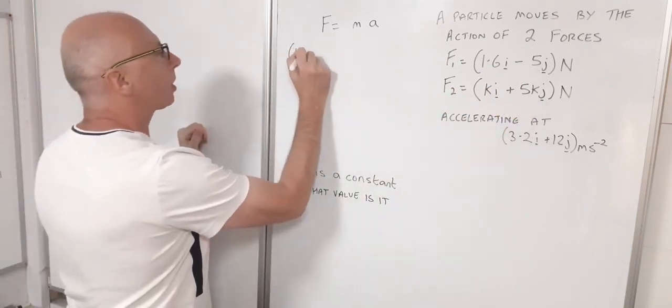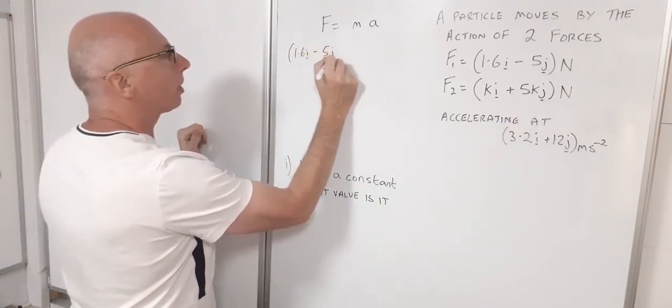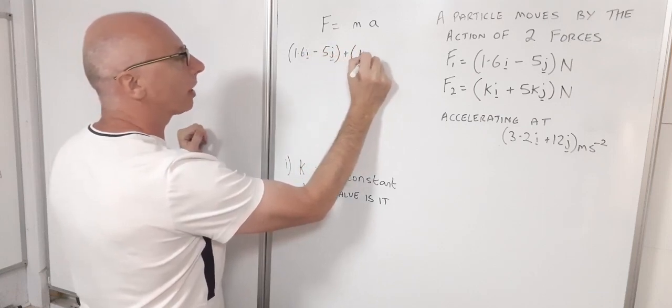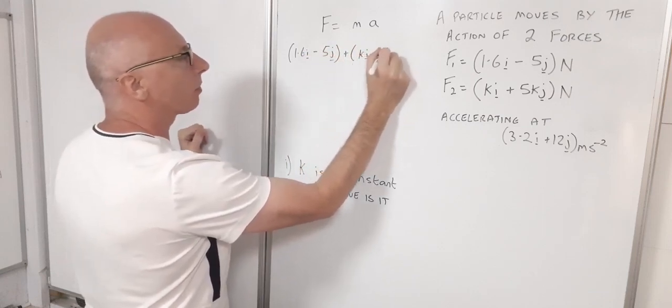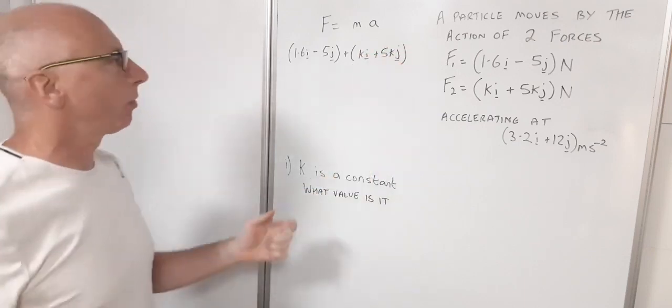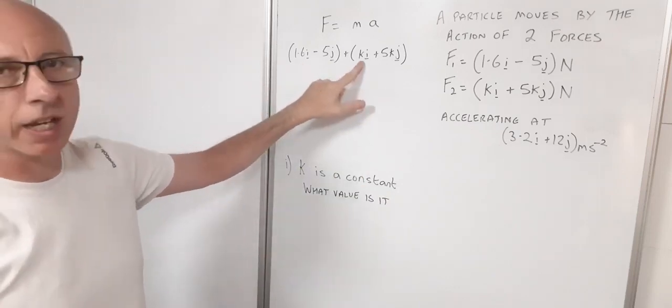So let's add them up. We've got 1.6i minus 5j, and then add to that force ki plus 5kj. If we add up the i components, we've got 1.6 plus k.